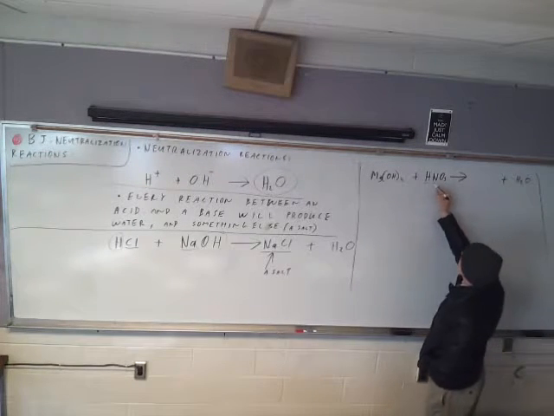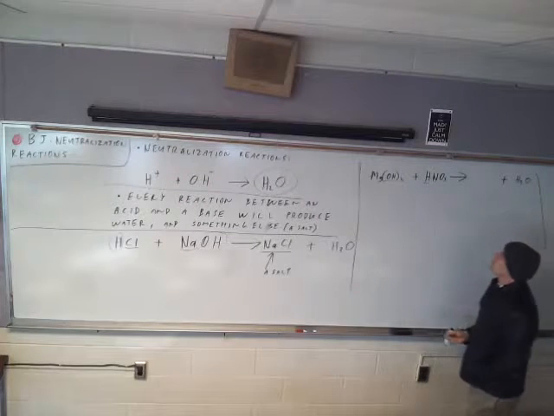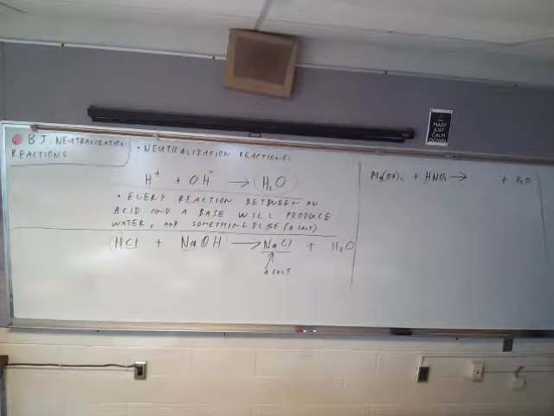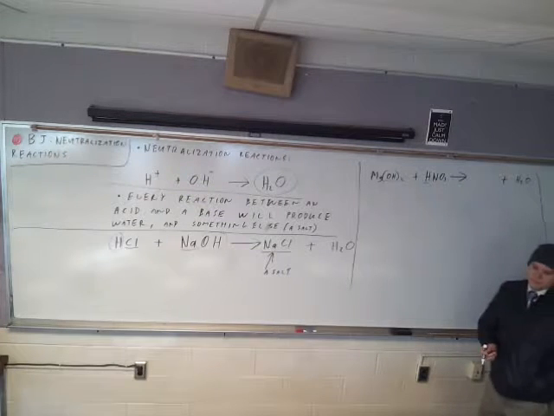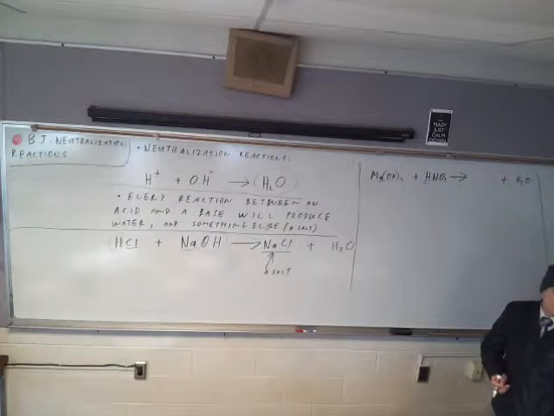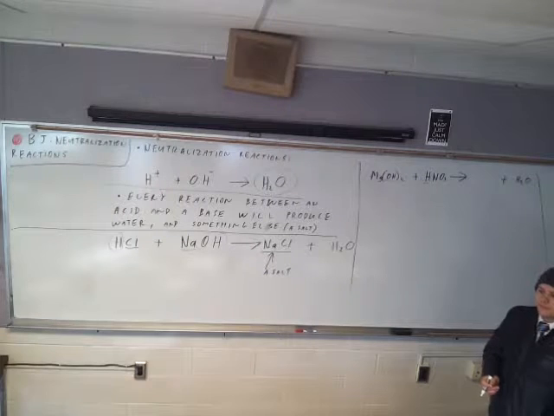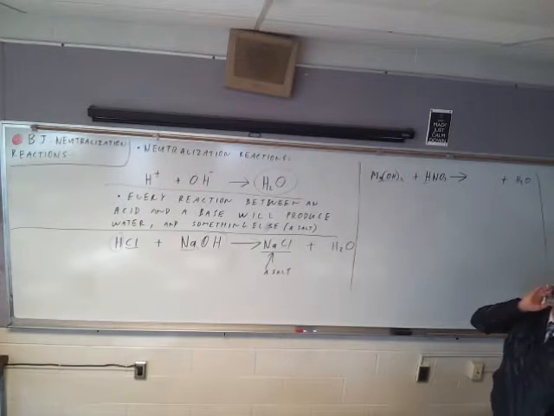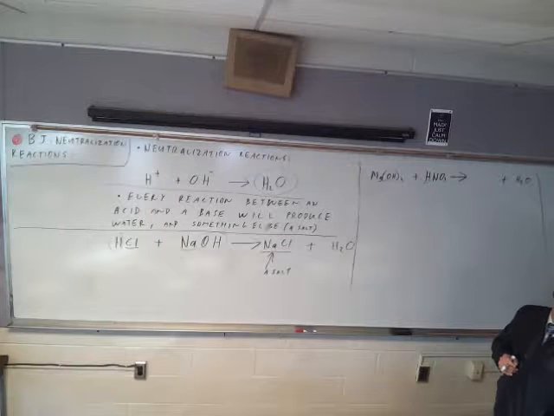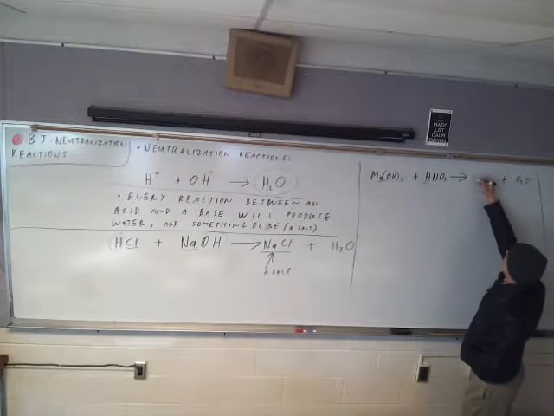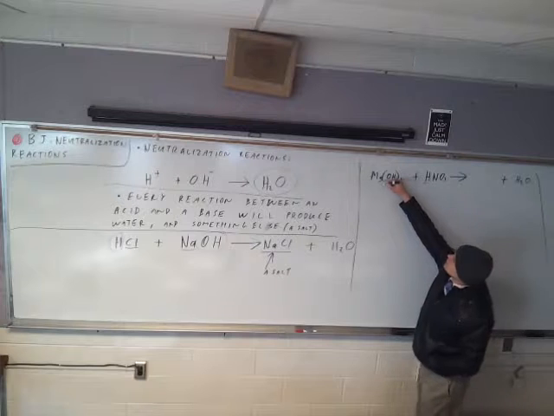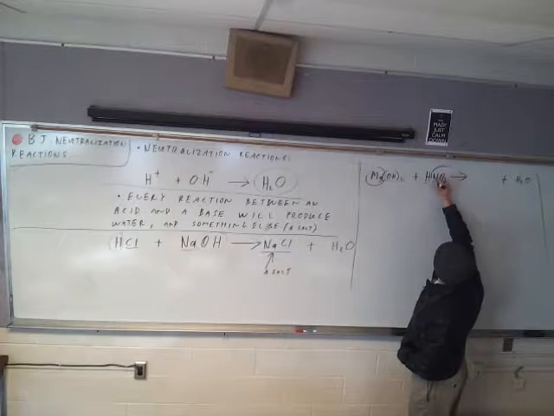That's going to come from this hydrogen and those hydroxides. And we're not going to worry about balancing the equation right now. But what's the other thing? What's the salt going to be? Louder, please. Magnesium nitrate, right? Magnesium here and nitrate there.